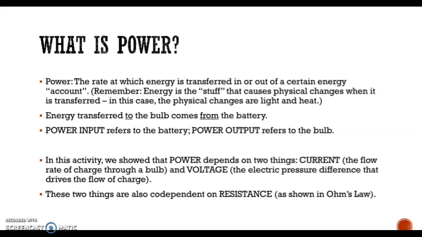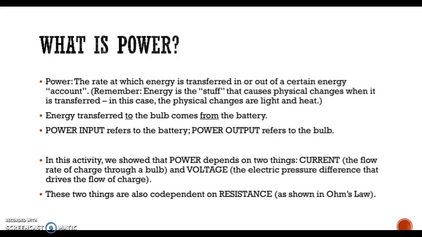And remember, the power from what we learned in Unit 8 is the rate that energy is transferred in or out of a certain energy account. In this case, we are transferring electrical energy from the battery into light energy or heat energy. And again, energy is the stuff, this conserved quantity that causes physical changes when it's transferred.